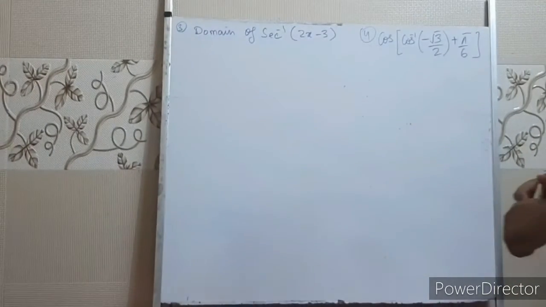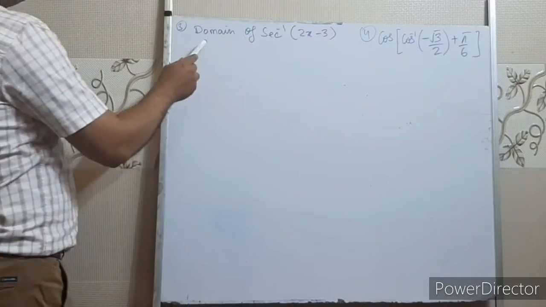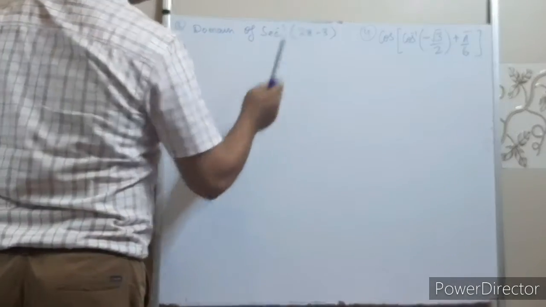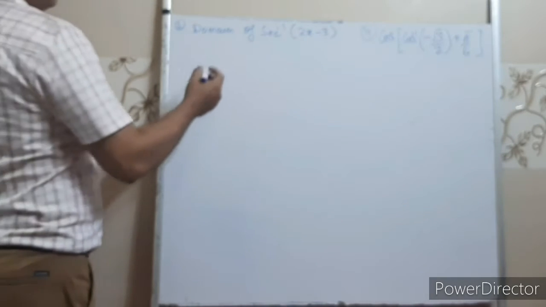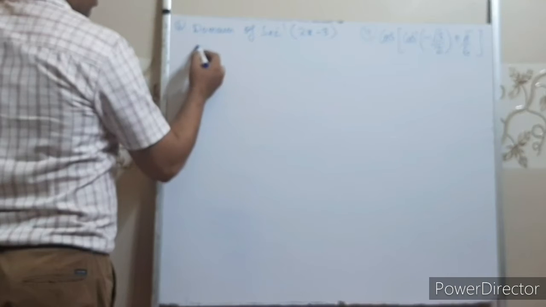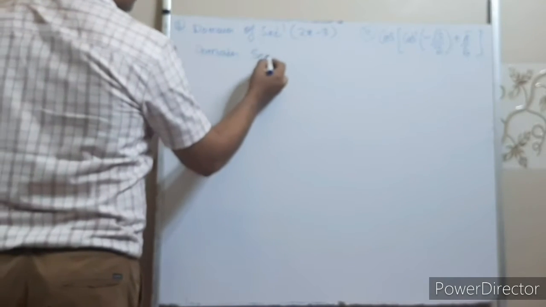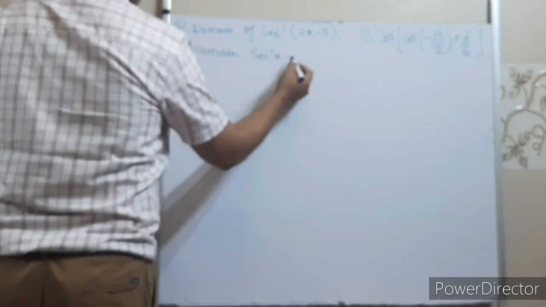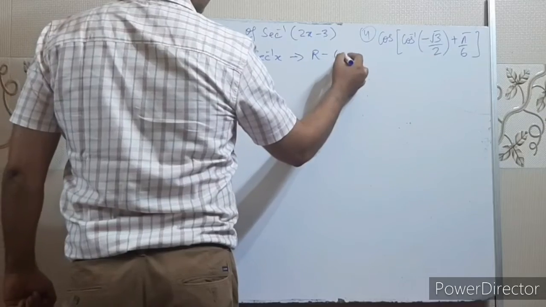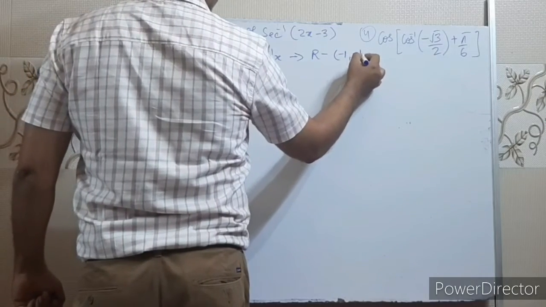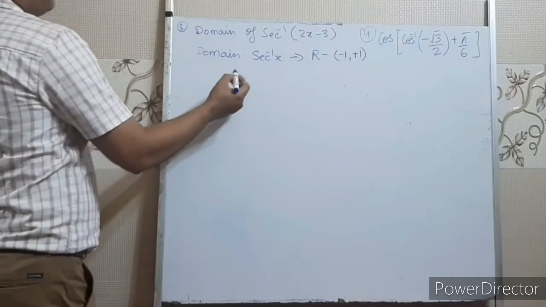Okay, now see a couple of more sums. Here we have to calculate the domain of sec inverse of 2x minus 3. If you remember the table, the domain of sec inverse x was all real numbers except the numbers lying between -1 and +1.